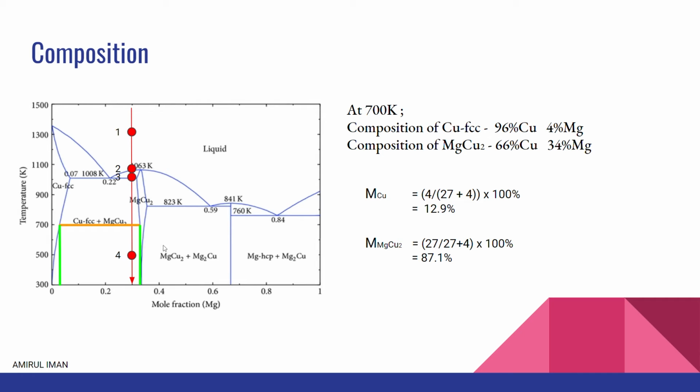From this, we can calculate our composition of Cu and our composition of MgCu2. We take the formula A over A plus B times 100%. For the Cu, we calculate 4, which is here, over 27, where 27 is our tie line distance, plus 4 here, times 100, and we get 12.9%. We do the same for MgCu2, and we get 87.1%.